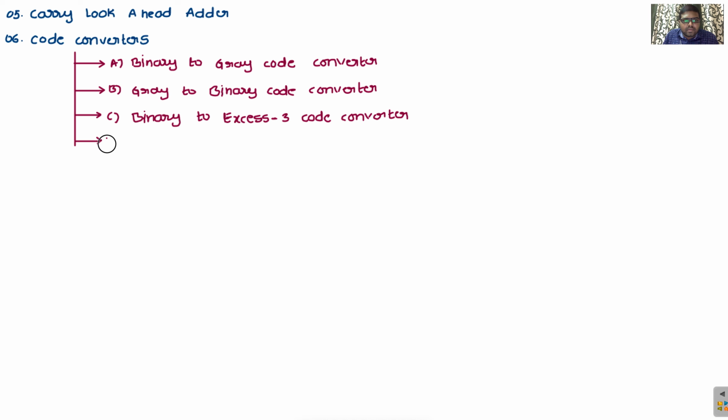Okay, and next one, XS3 to binary code converter.